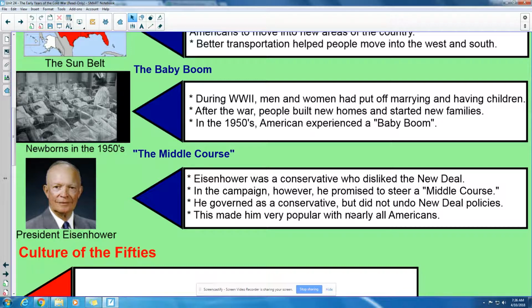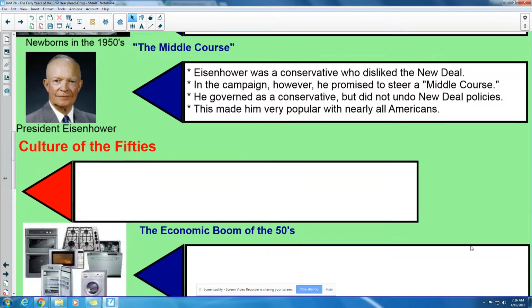This made him tremendously popular with nearly all Americans. Republicans loved that we were taking a new, more conservative direction, and Democrats appreciated that their president was not going to undo all of the progress of the progressive movement in the 1930s and 40s. Eisenhower was a wildly popular president.